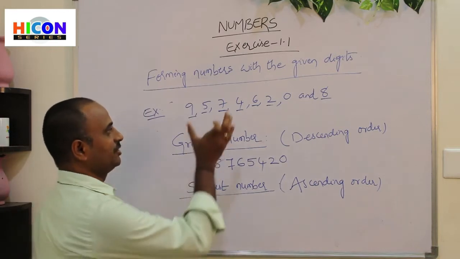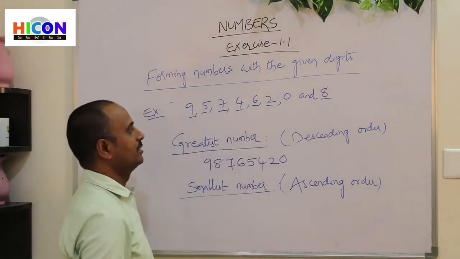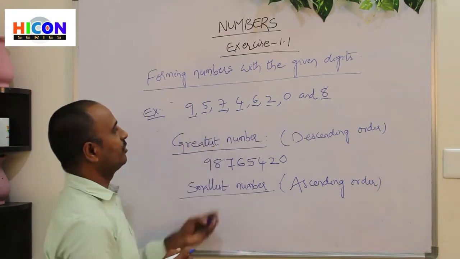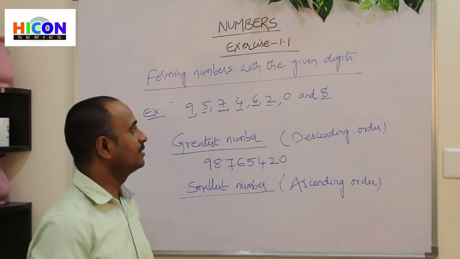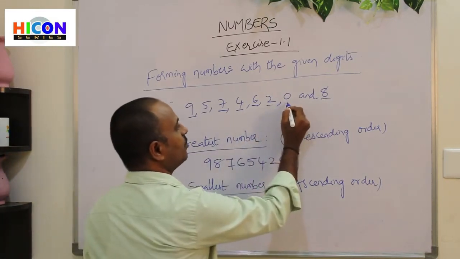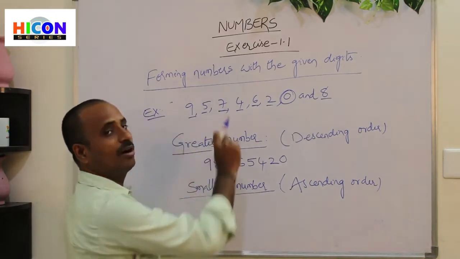So now arrange the given digits from smallest to greatest. Among 9, 5, 4, 7, 4, 6, 2, 0 and 8, which one is the smallest? Here 0 is the smallest digit among all digits.